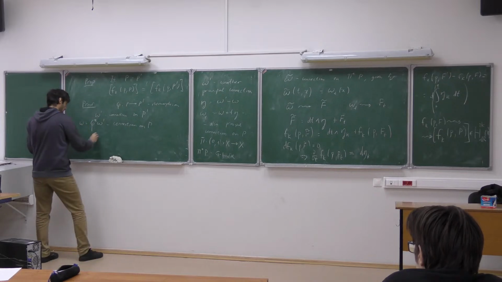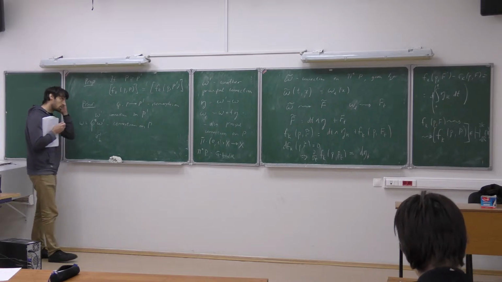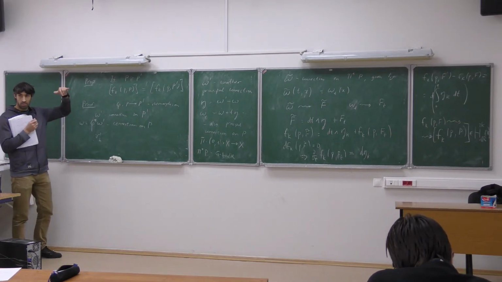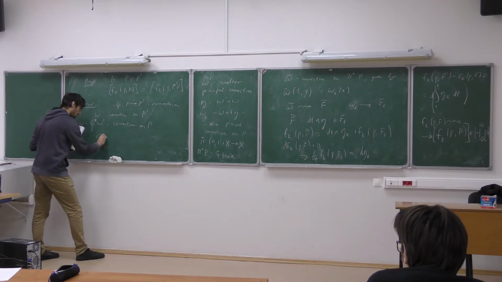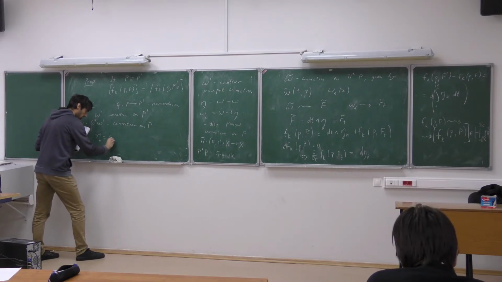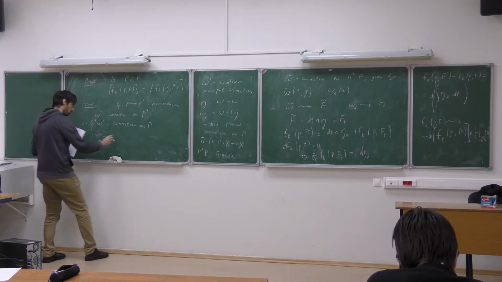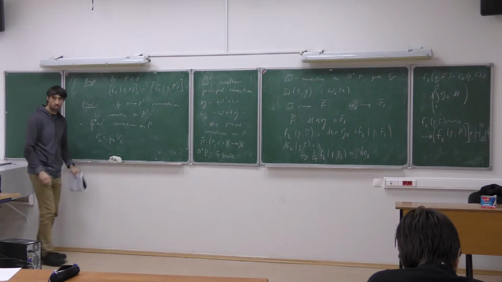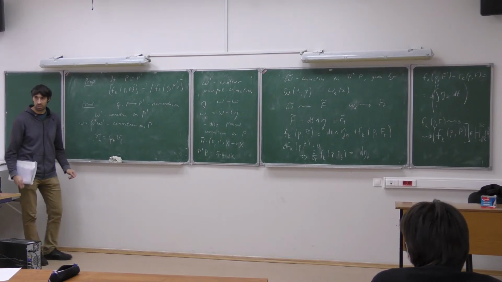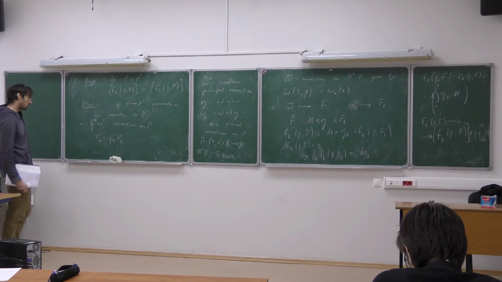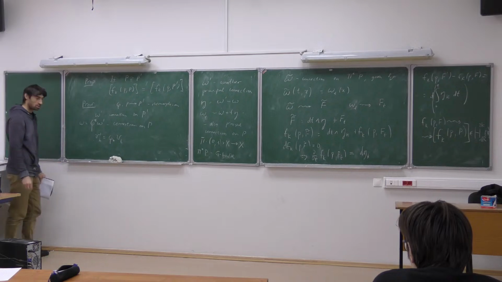So actually my VH bar, which is the horizontal lift to P prime according to this connection omega bar, is actually the push forward by phi star of VH, which is the horizontal lift to P. Just because my connections are related like this.